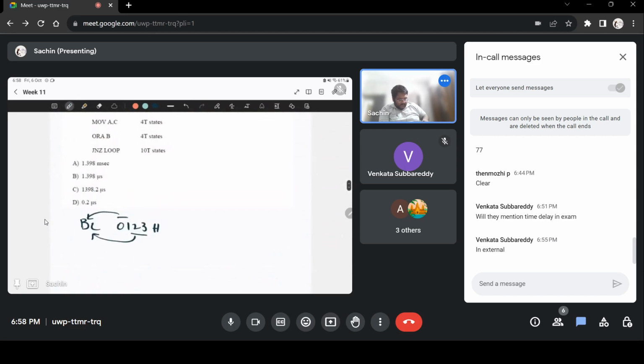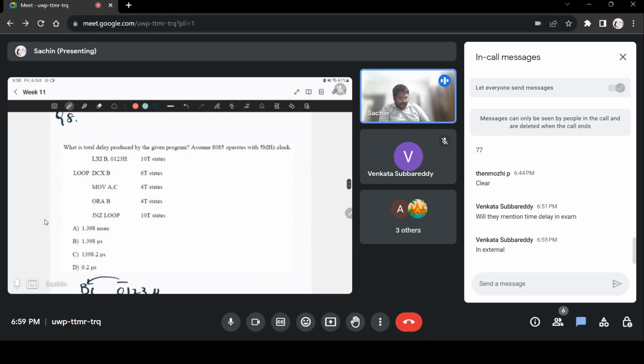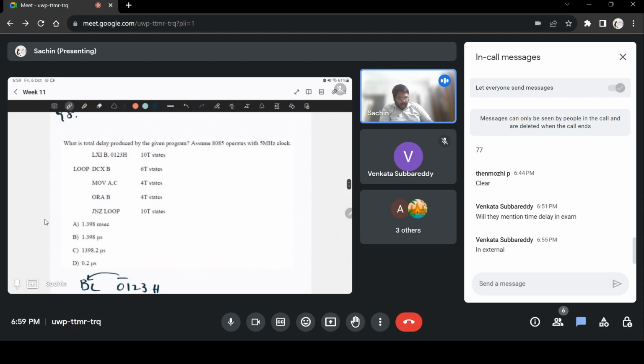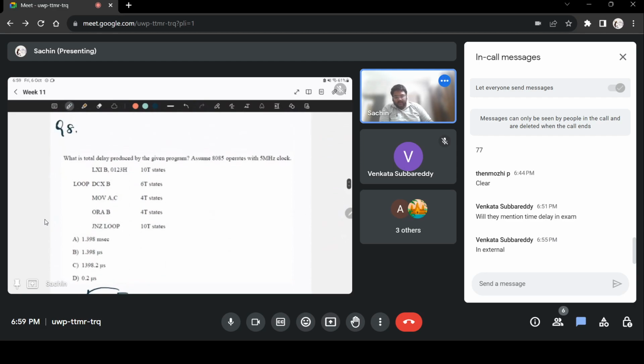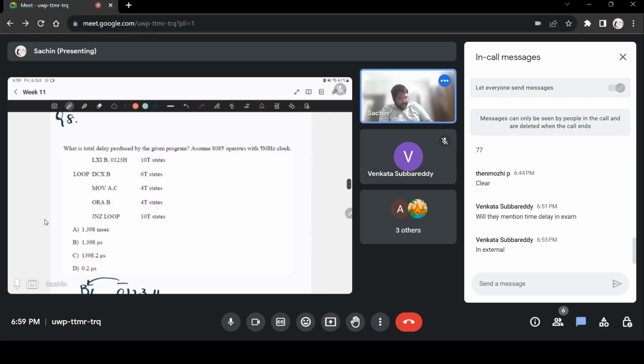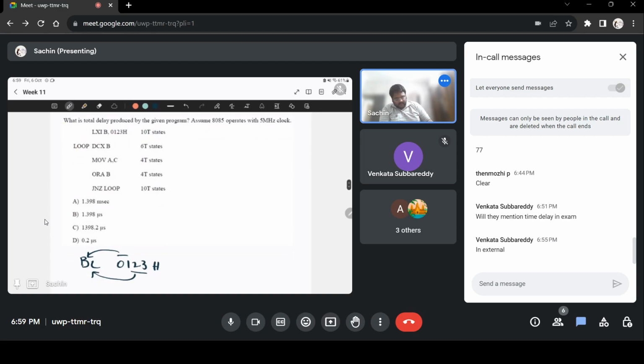For common instructions like JNZ, loop, and OR and move, try to remember how many T states they take, in case they don't give it.